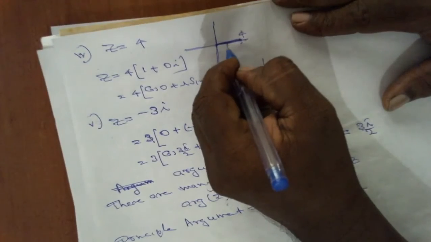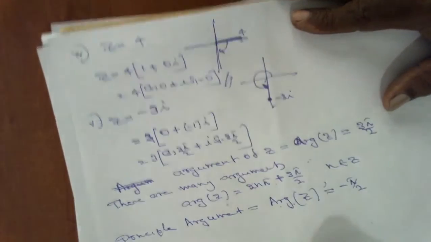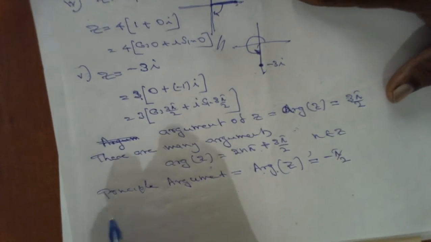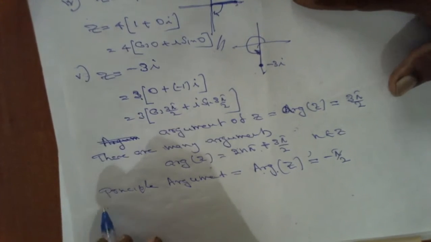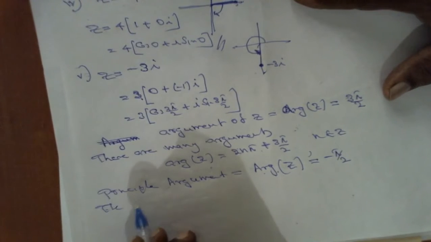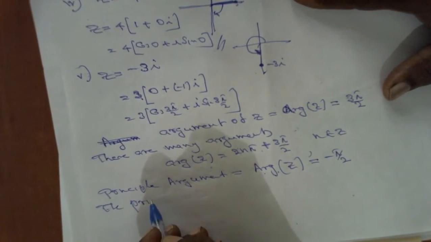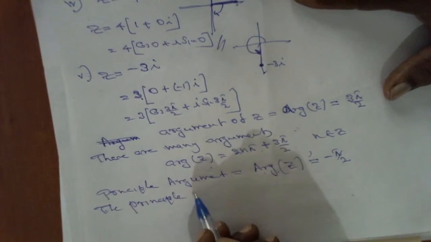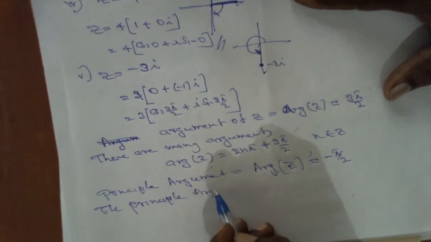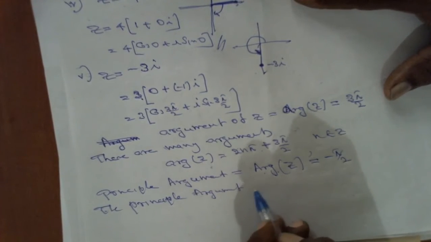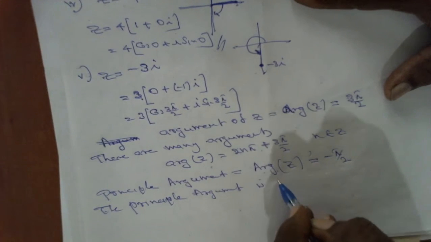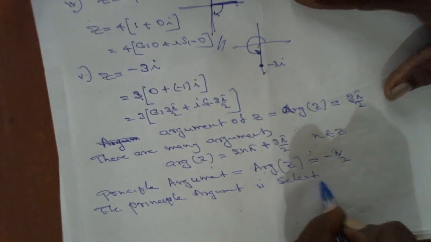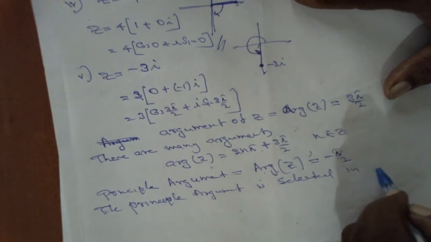The principal argument is always selected in the range.